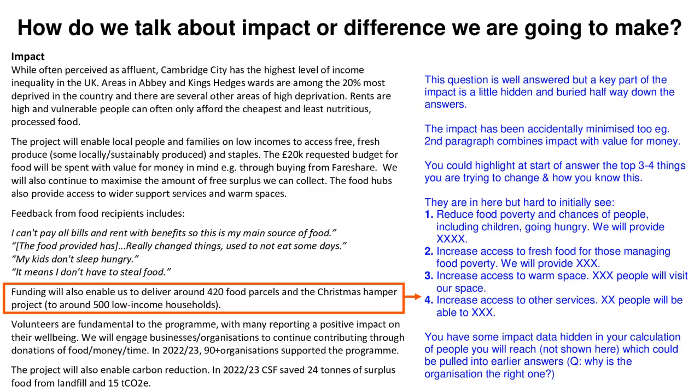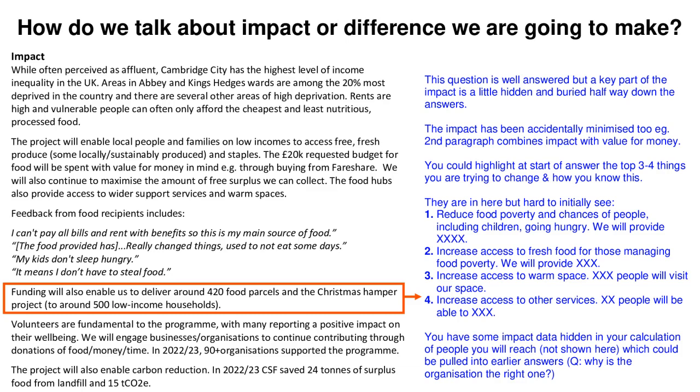My review of this answer would be that it's well answered, but you're doing yourself a little bit of disservice because your impact is almost a little bit buried. What I mean by that is almost the numbers that this funder is probably looking for.